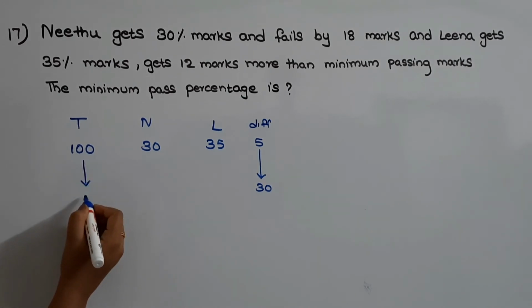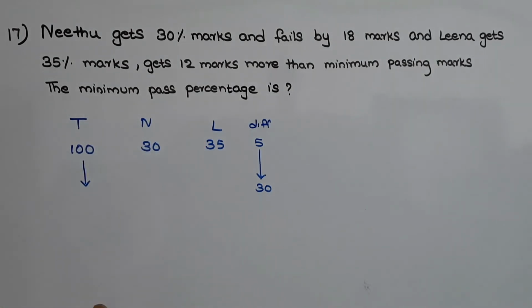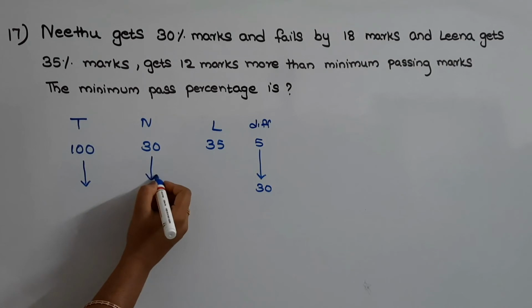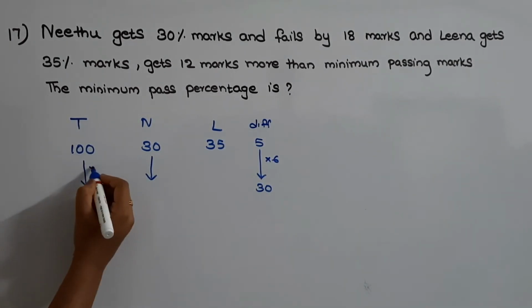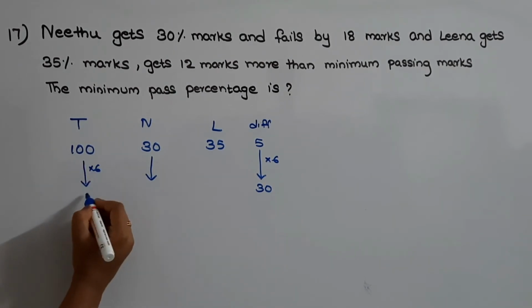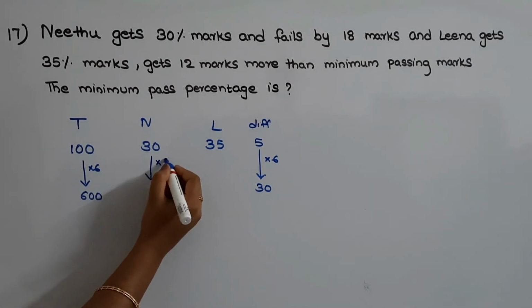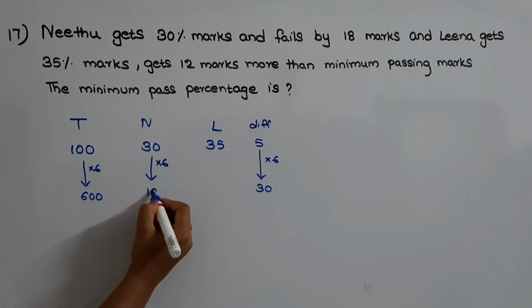Also we need to find out the marks of either Neetu or Leena. So let us find out the marks of Neetu. So 5 into 6 is 30. So if you multiply this 100 by 6, you will get the total marks. So total marks will be 100 into 6, that is 600. So if you multiply this 30 by 6, you will get the marks of Neetu. So that is 30 into 6, that is 180.